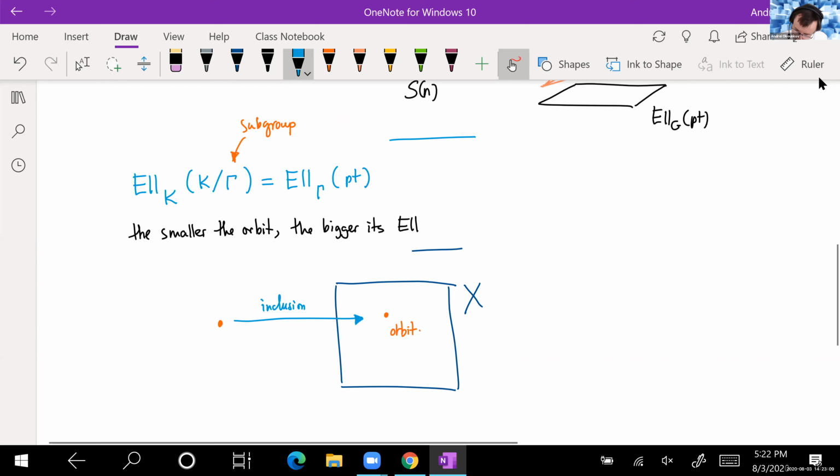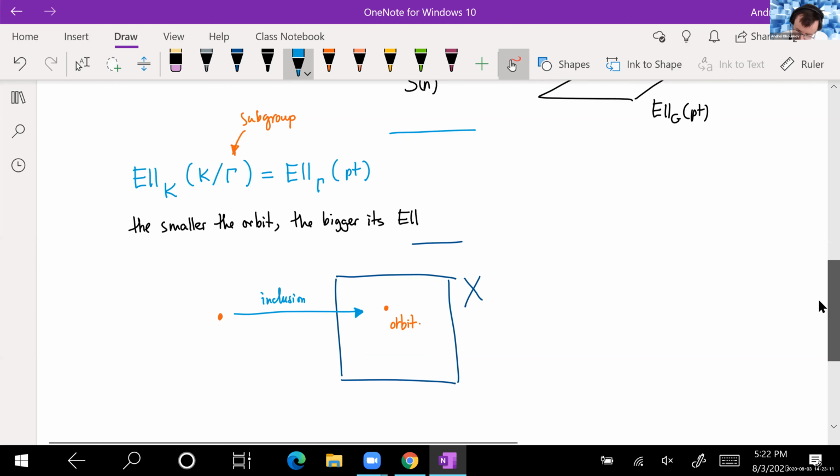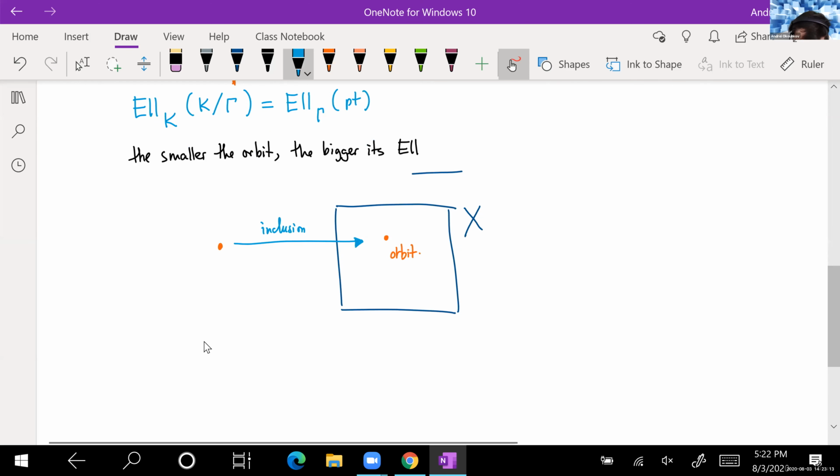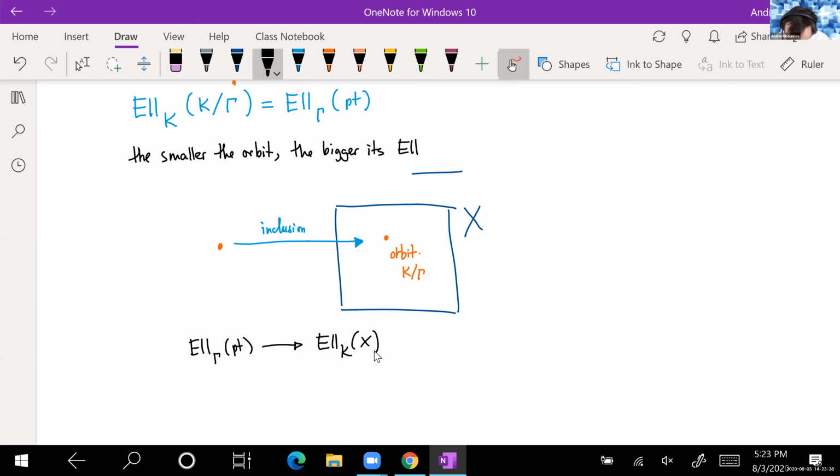Since it's a covariant map, this should give me a map. I take the elliptic homology. Maybe this orbit has the form K mod gamma, and so elliptic homology of gamma of a point is going to go into elliptic homology of K of X.